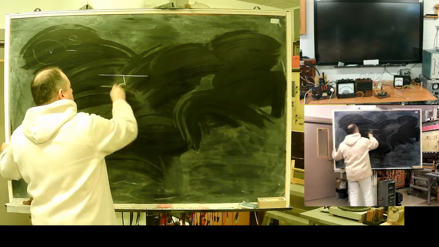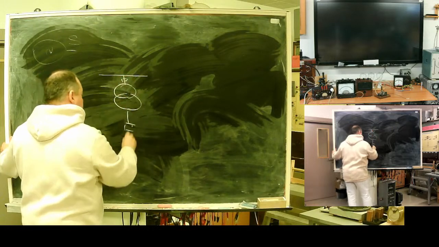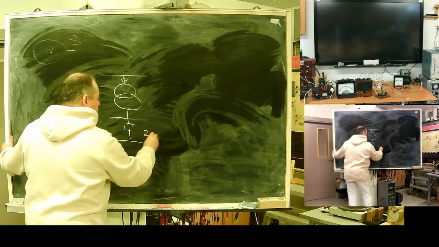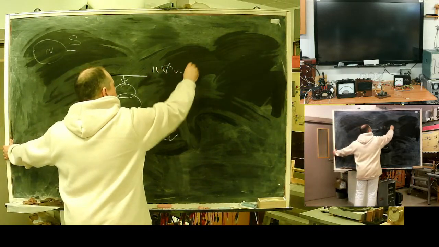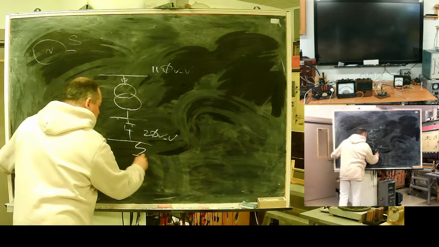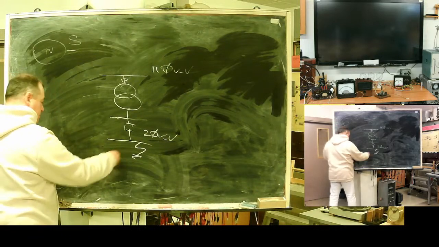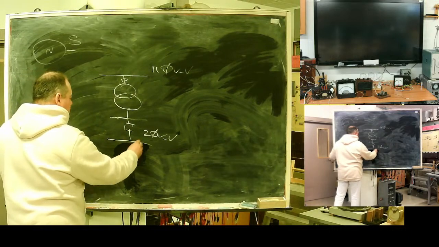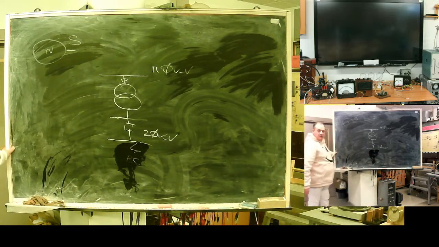Say, here I have a 20 kilovolt distribution network, a 110 kilovolt supply network, and my fault is here. It can be not ground, but let's say it will be a BC fault, line to line.